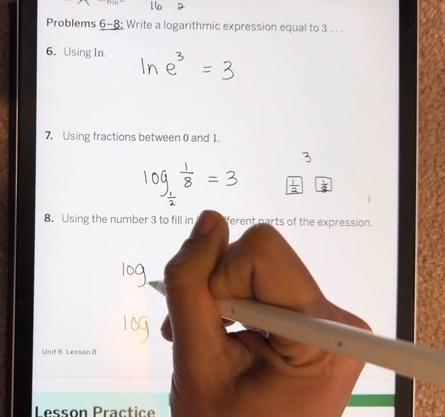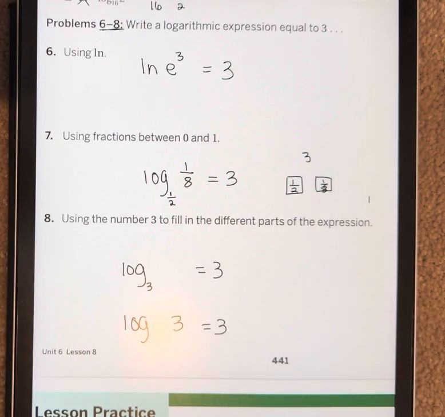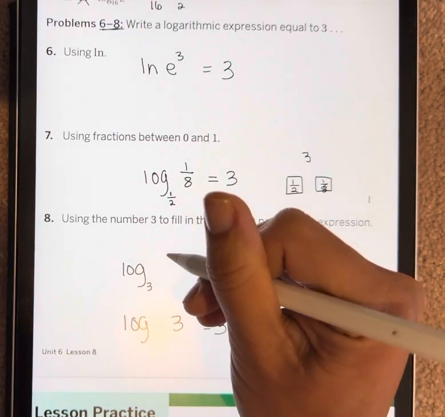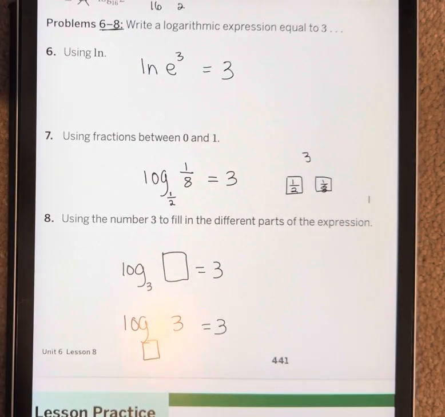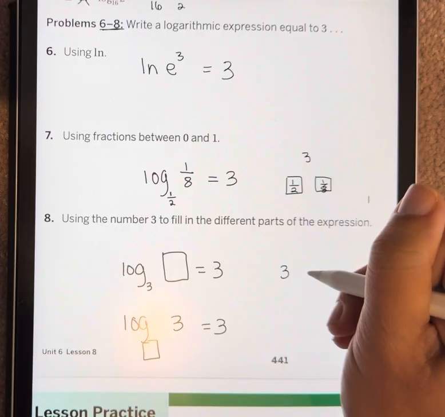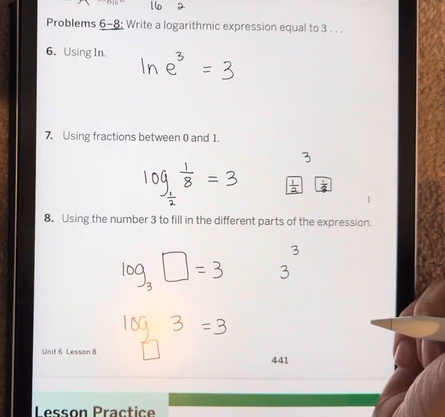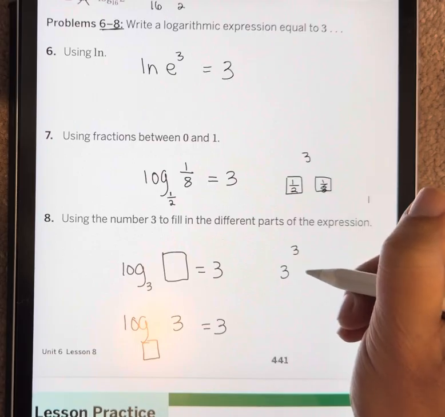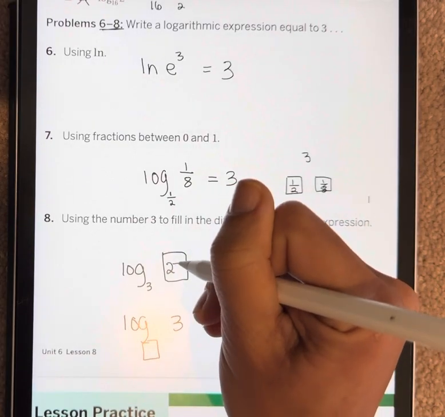So like maybe they want one with a base of 3 or one where we're taking the log of 3. So let's see what that would entail. Okay, in this situation, we have 3 to unknown value equals 3, like this, which means 3 to the third. That means this would be 27. 3 to the third is 27.